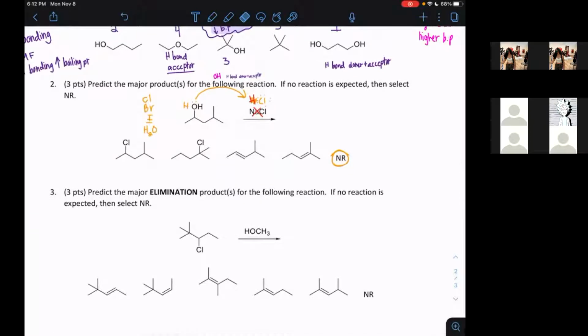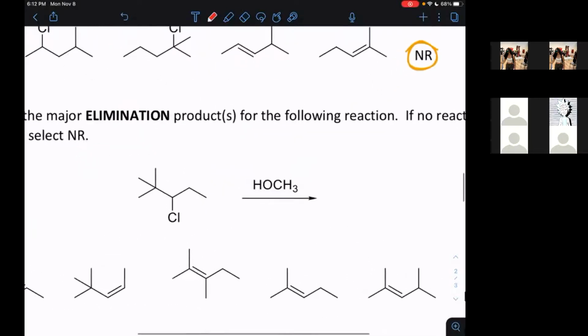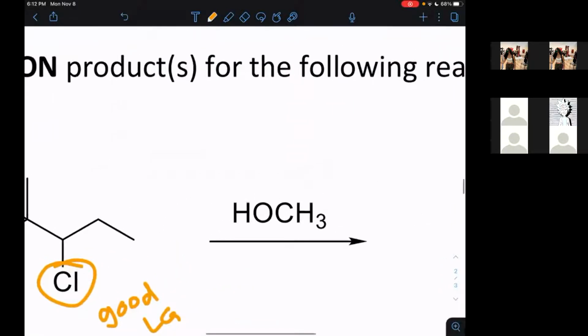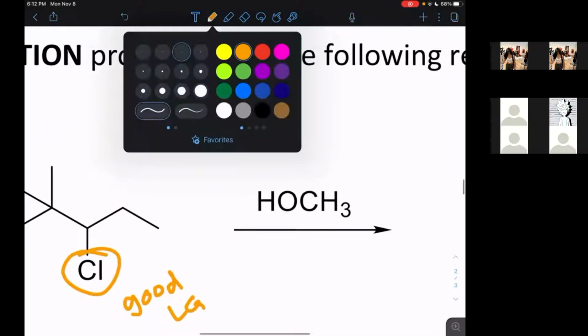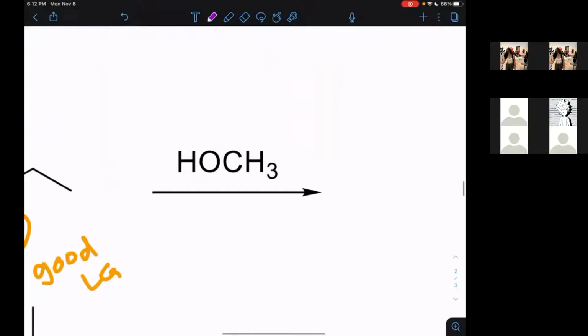Okay. So then this one is predict the product of elimination. So first, you go, is this a good leaving group? And it is. And then you look at the base that you have, and it is a weak base.